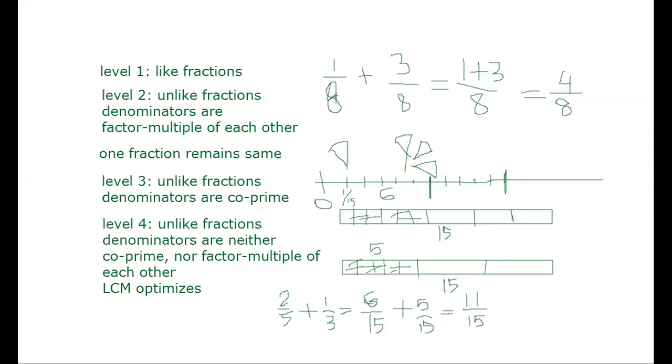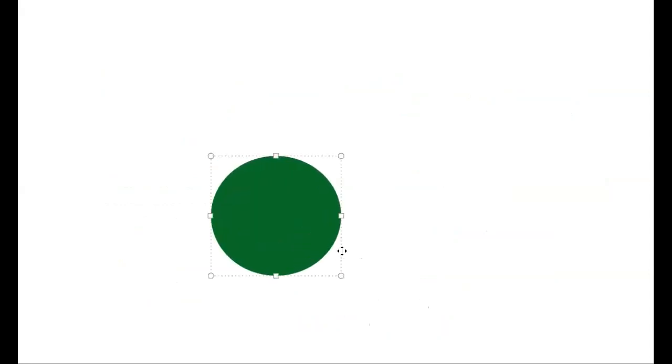In case of a circle, let me clear and show you something. Anyway, let's start with this. So let's say this is split into 1/3.